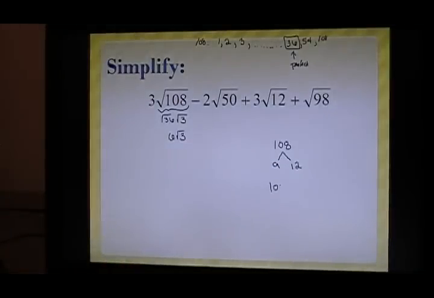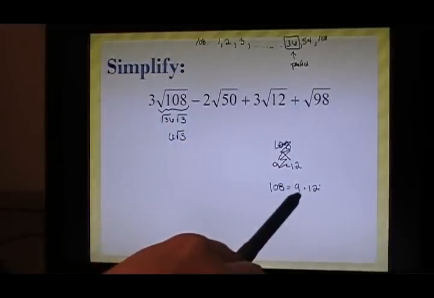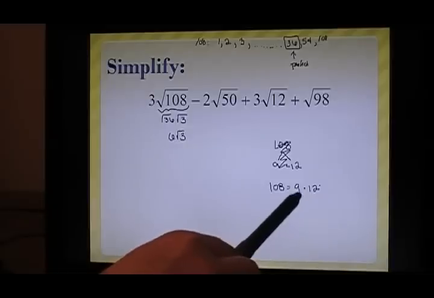I'm going to write my factor tree this way instead. Instead of doing it in the traditional manner, I'm going to write it as a list of products. So I know that if I multiply 9 by 12, I can get 108. And I kind of like to stop myself. If ever I come across a perfect square, then I do say, oh, okay, that's a perfect square.